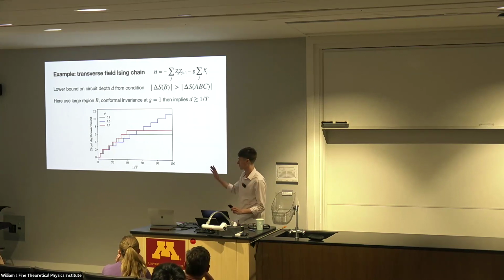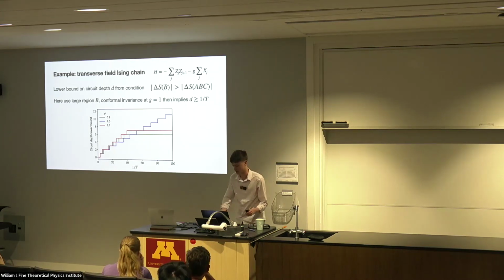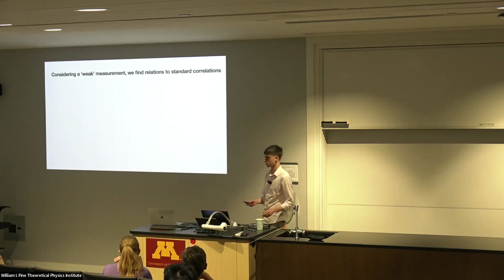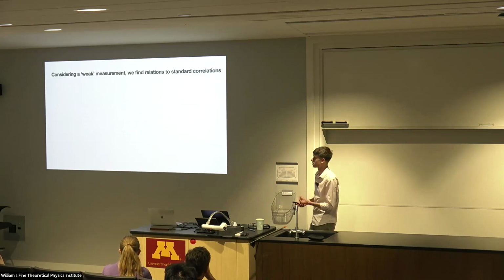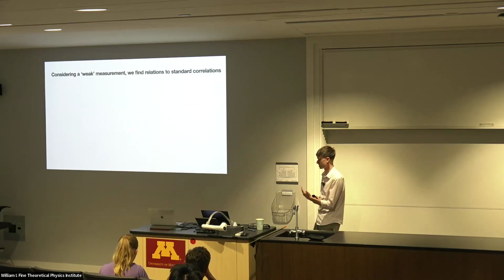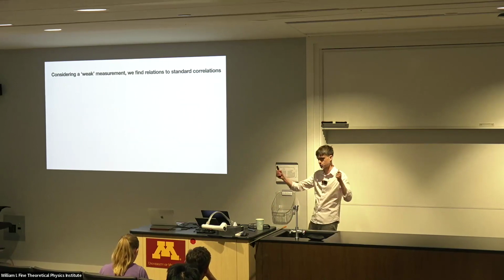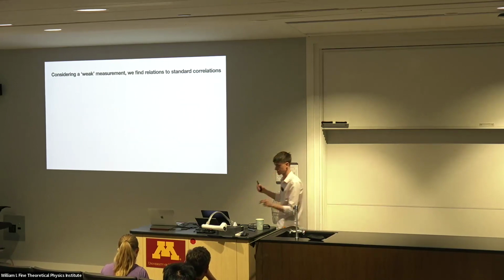Okay, so now I'm finally going to bring it back and talk about what any of this has to do with local observables. The key point is that if you think about a weak measurement, you get a very simple relationship between this inequality and an inequality between regular old spatial correlations and temporal correlations.